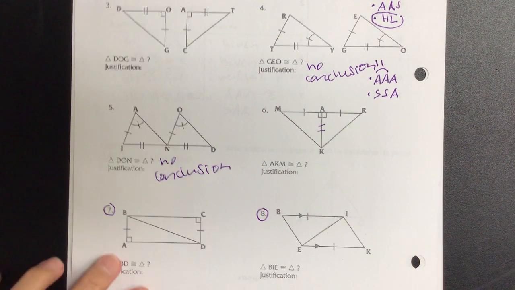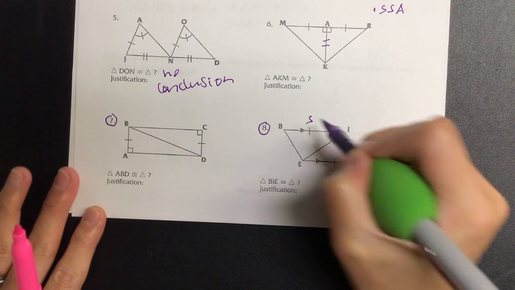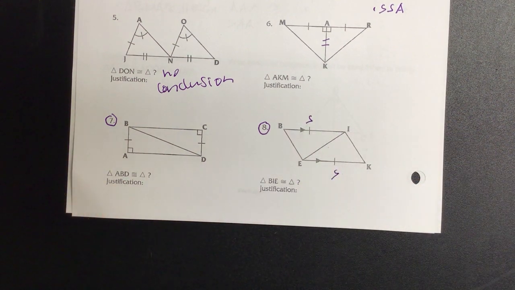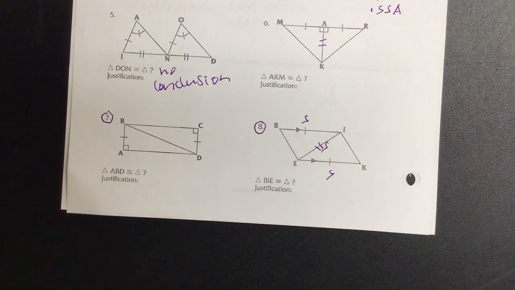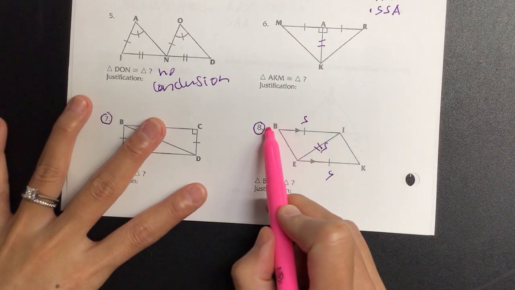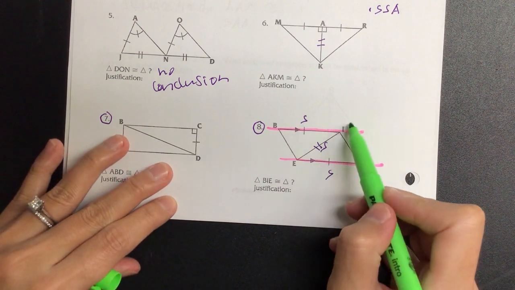Now let's talk about number 8. Number 8 is a little awkward because it's got parallel lines. So what I want you to do is the following. Let's notate what I know so far. We have a side. And then do we also have another side that's been shared between the 2 triangles? Yep. So I'm going to take 2 highlighters. One for parallel lines, another one for the transversal.